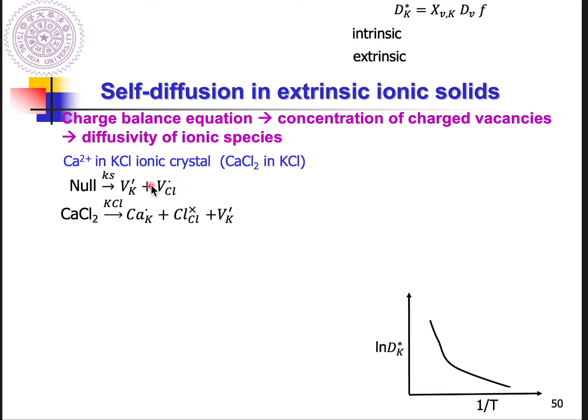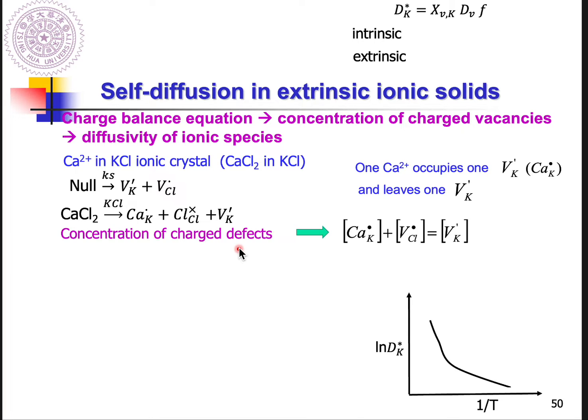And because you have 2 chloride, you should also have 2 vacancies, right? And only 1 calcium can occupy this potassium vacancy at the potassium side. So you are left with one VK vacancy at the potassium side in these ionic materials.